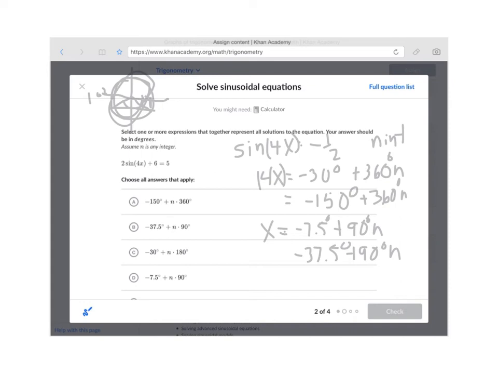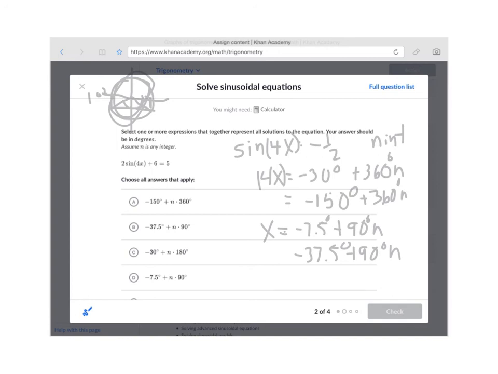So we're going to say negative 7.5 degrees plus 90n. And then the other one was negative 37.5 degrees plus 90n. And hopefully this will work. Yay. All right. That one went well.